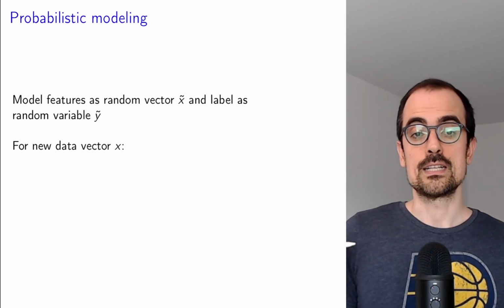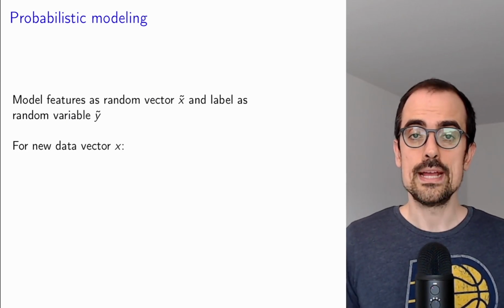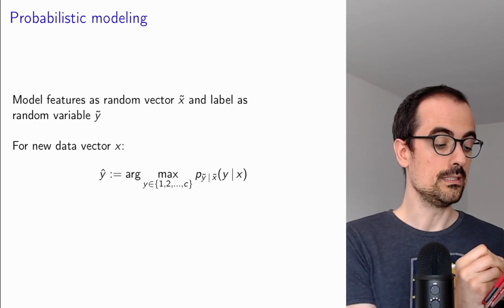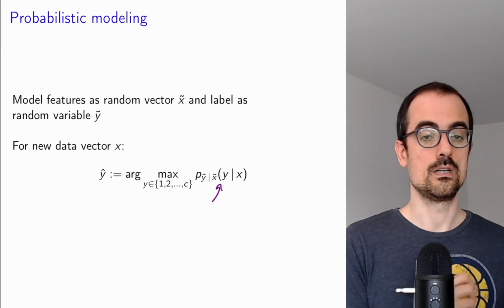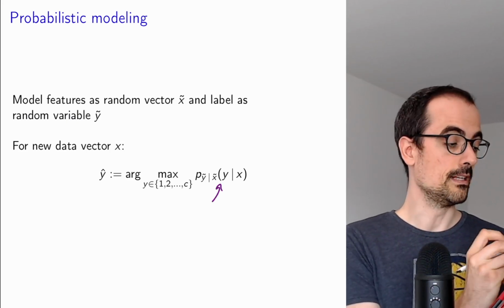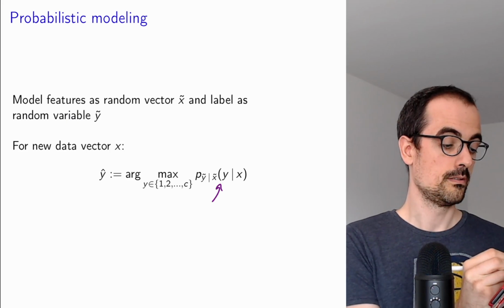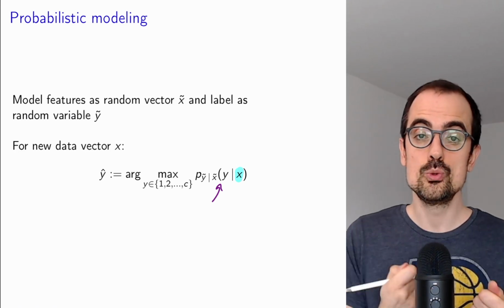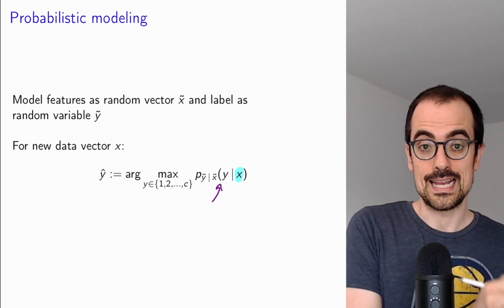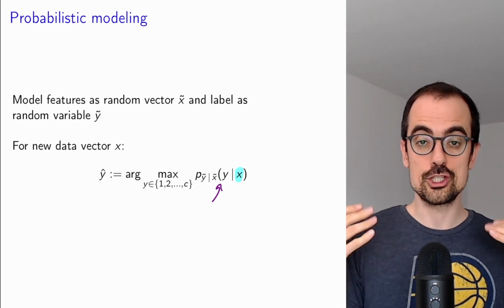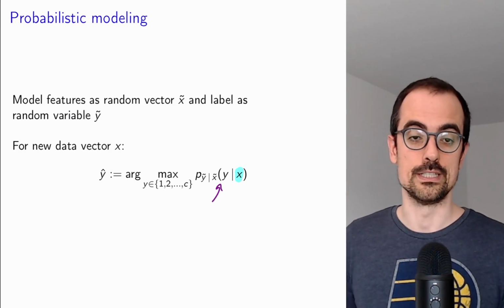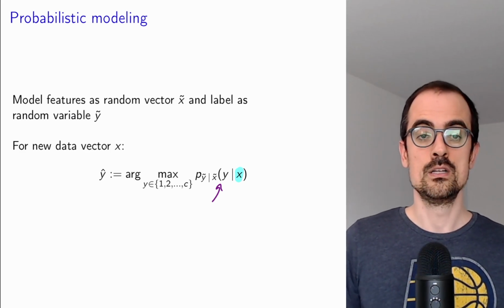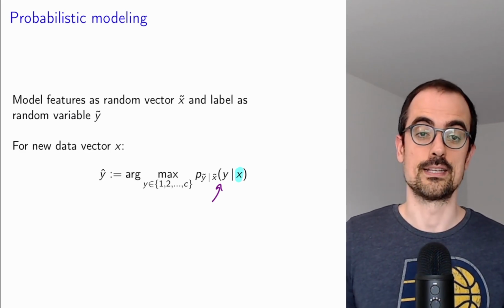For a new data vector x, a reasonable way to perform classification is just to maximize the probability of the label given the observed features. When I say maximize, it's basically choosing the class that has the highest conditional probability given the observed features. If we do this, we're minimizing the probability of committing an error, so it's optimal in that sense.